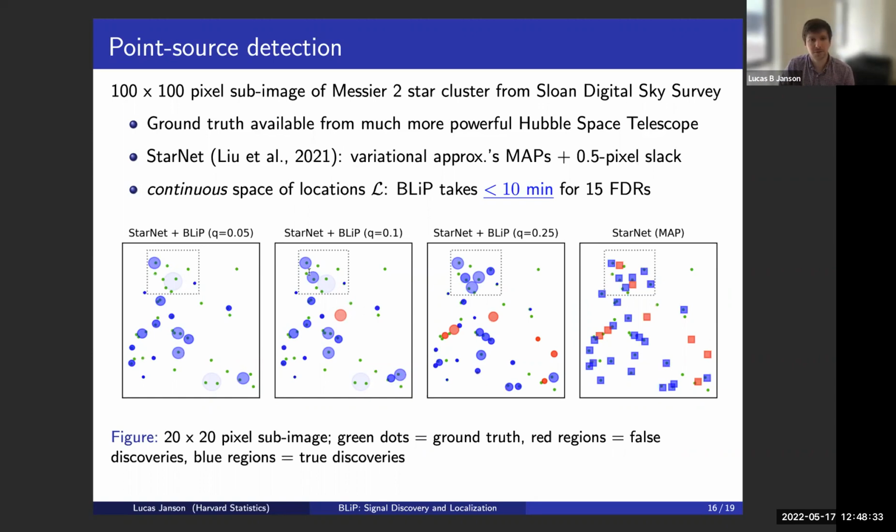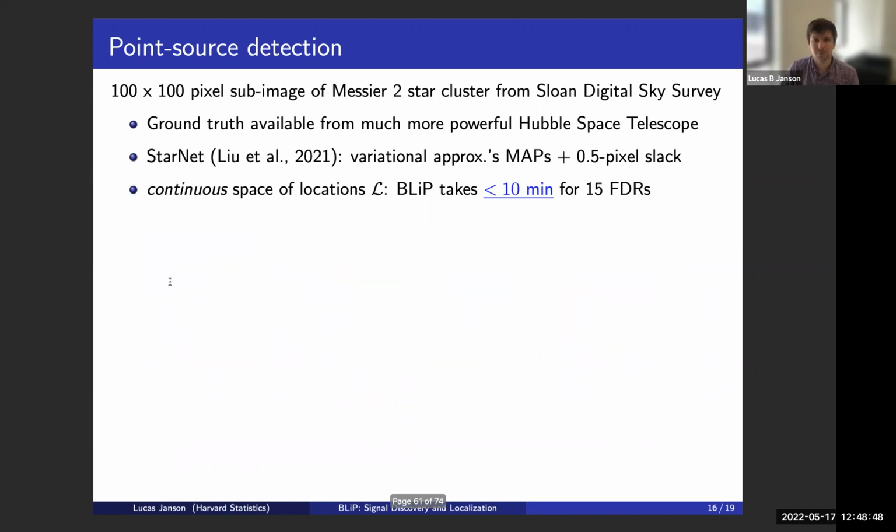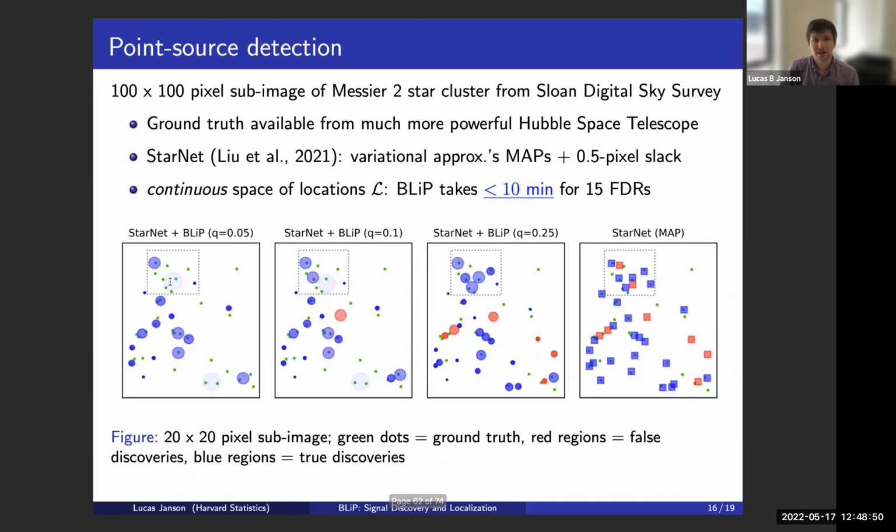If you zoom in on the little dashed subregion, you can see that when we control it fairly stringently at 5%, we find some larger regions that do a decent job of capturing stars, but not very narrowly. And as we increase the nominal false discovery rate, so we allow ourselves to be a little more liberal with our discoveries, we start to be able to make discoveries at higher resolution.